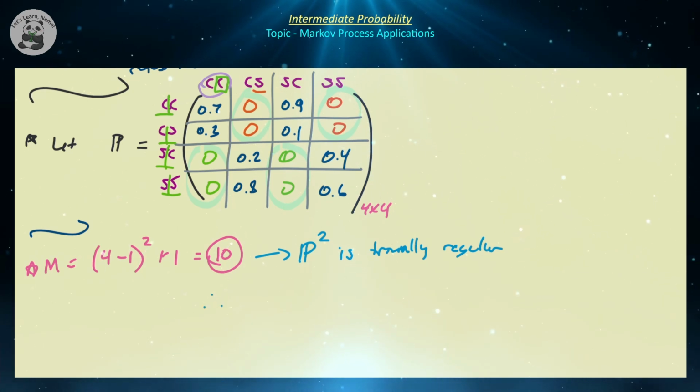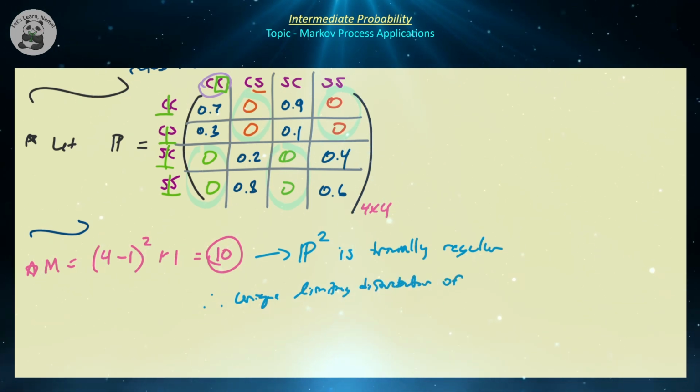So if it is trivially regular, that means there is a unique limiting distribution of our process, which is going to be equal to, let's call it P of X_t, where X_t is our pairs of weather consecutive days.